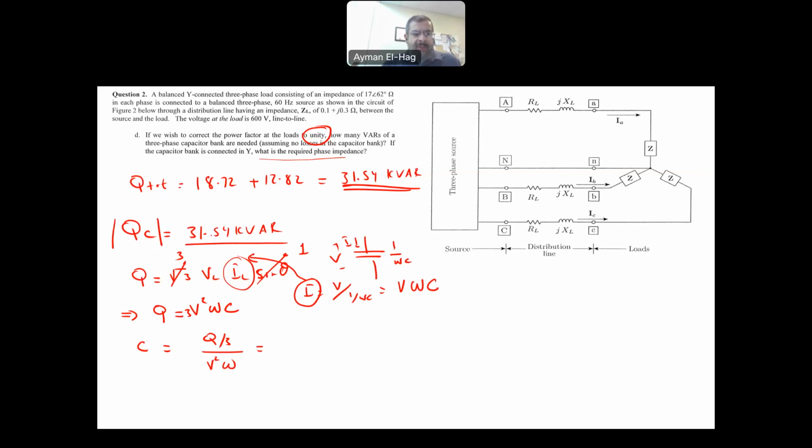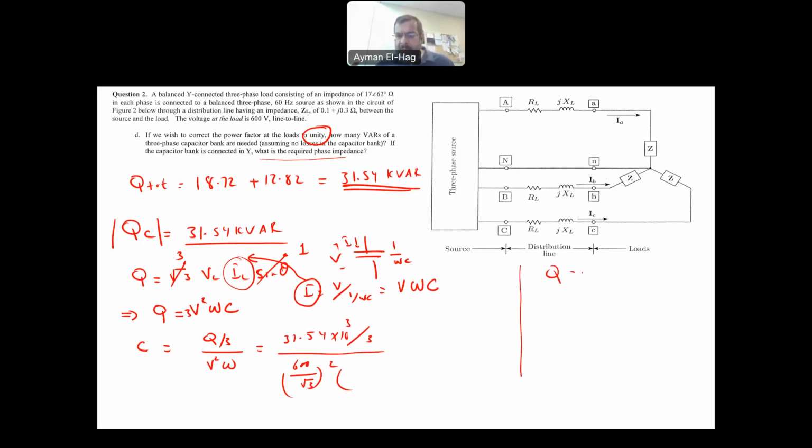So Q over 3, this is 31.54 times 10 to the power 3 divided by 3. Divide by V squared, which is basically the phase voltage, 600 divided by root 3, squared, because now we use the phase quantities here. Okay, let me redo this just for your reference here on the side.